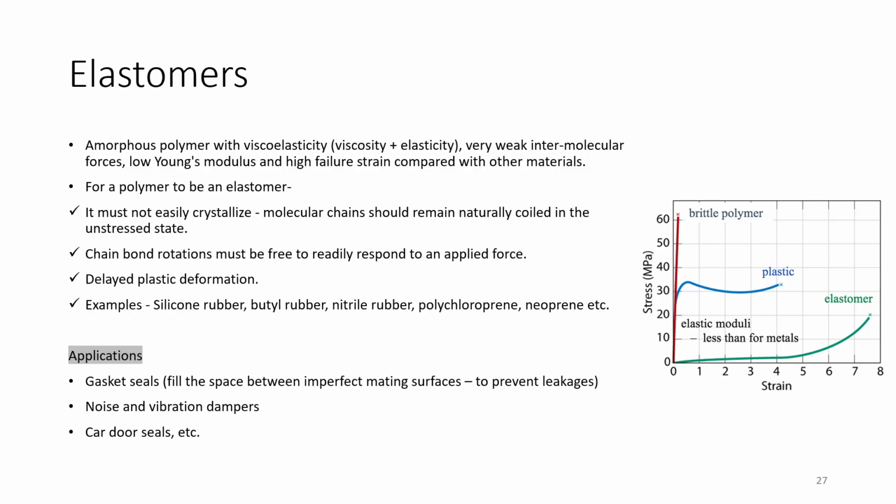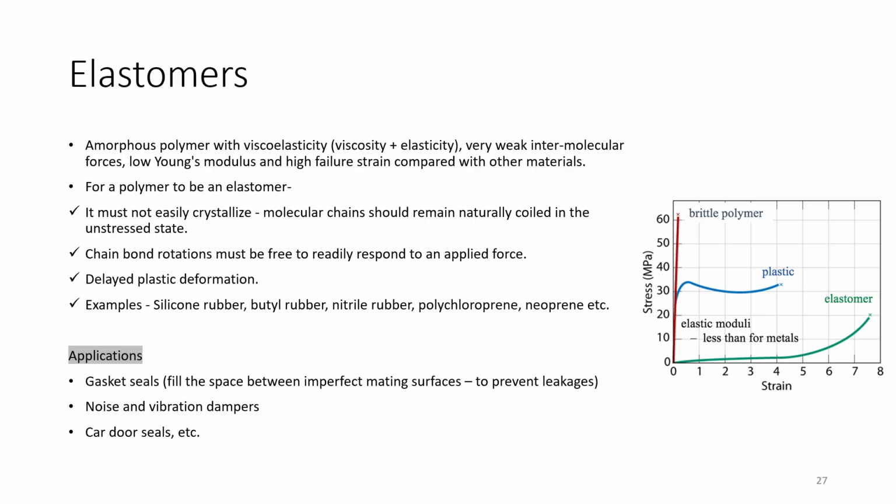Next is elastomers. So in this case, amorphous polymer with viscoelasticity, showing viscosity and elasticity both, with very weak intermolecular forces, low Young's modulus, and high failure strength compared with other materials. For a polymer to be an elastomer, it must not easily crystallize.